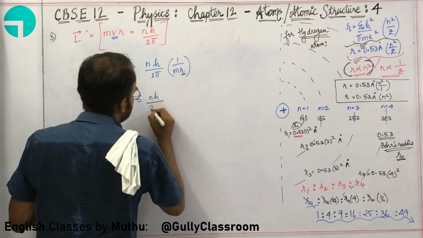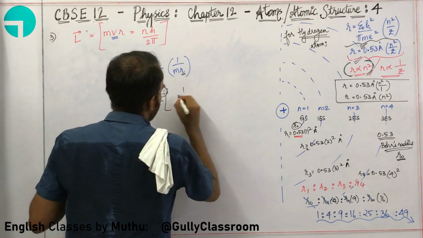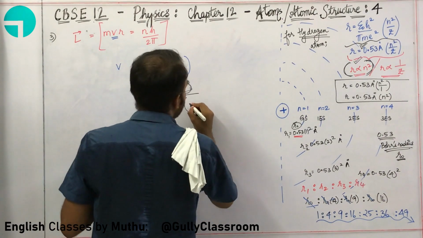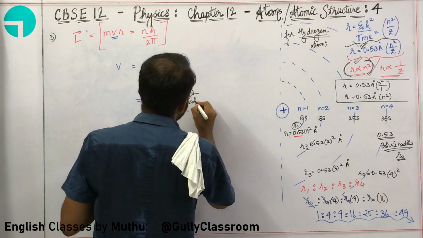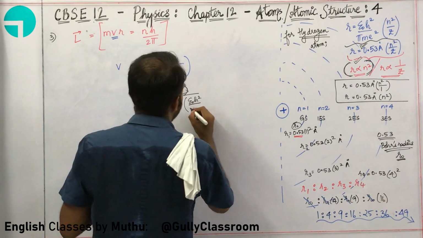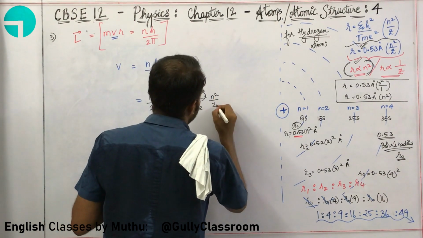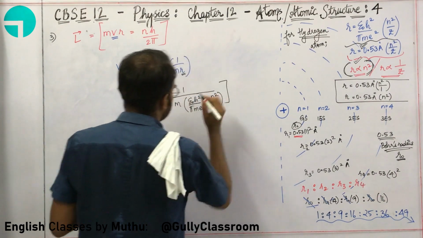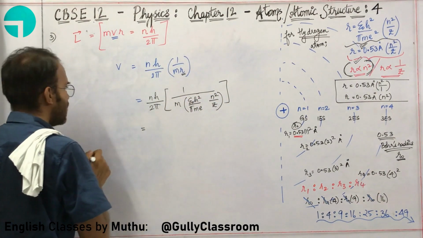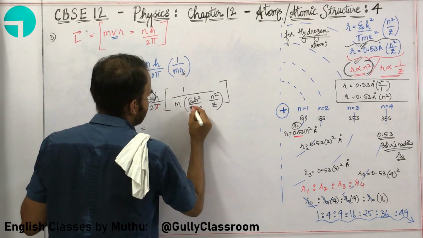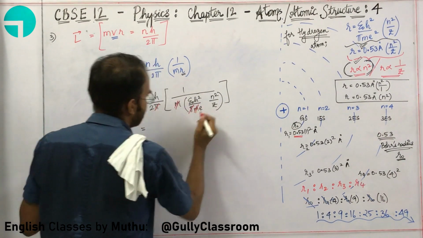So nh divided by 2 pi, 1 divided by m, into r. The r value is epsilon naught h square divided by pi m e square, n square divided by z. Are you comfortable with how I wrote this? Now how am I supposed to solve this equation? I will cut pi here and pi here. I will cut m here and m here.